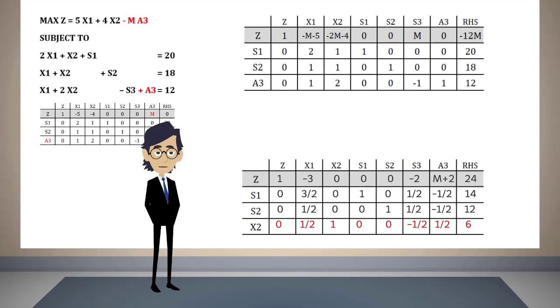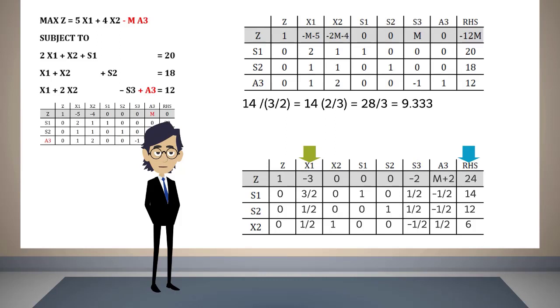Now that we are finished with the second table, we must look for negative numbers in the objective function row, and select the smallest of them. Now, we will divide the numbers that appear on the right-hand side of the table by the numbers that appear in the x1 column. Recall that dividing 14 by 3/2 is equivalent to multiplying 14 by 2/3.